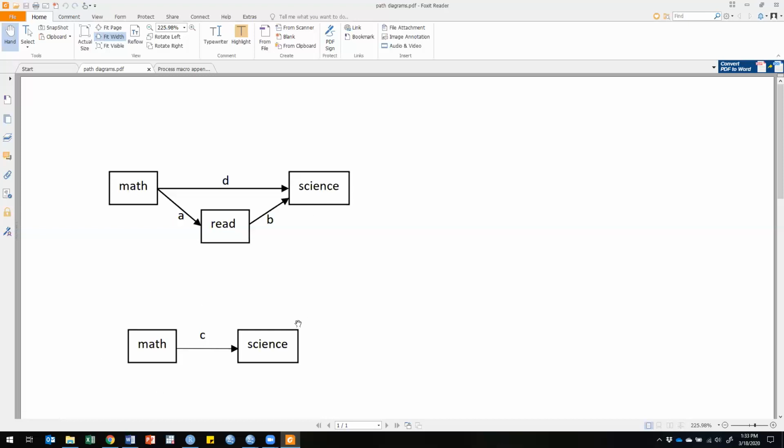I've used this diagram here just to represent the total effect. So C here is the total effect of math on science achievement. And the total effect is just a sum of the direct effect and the indirect effect.